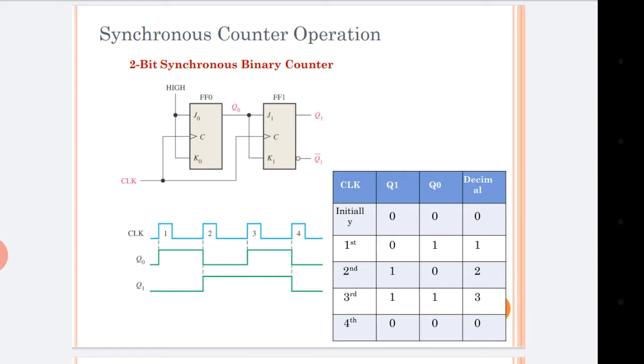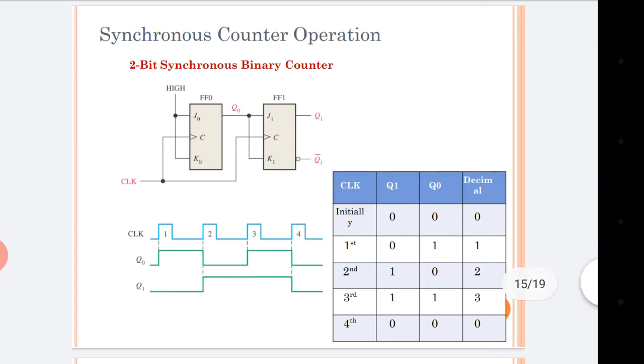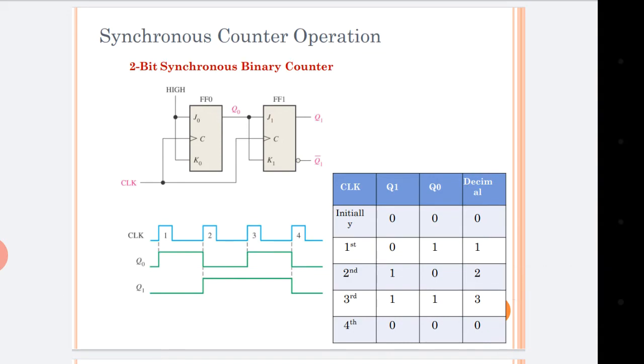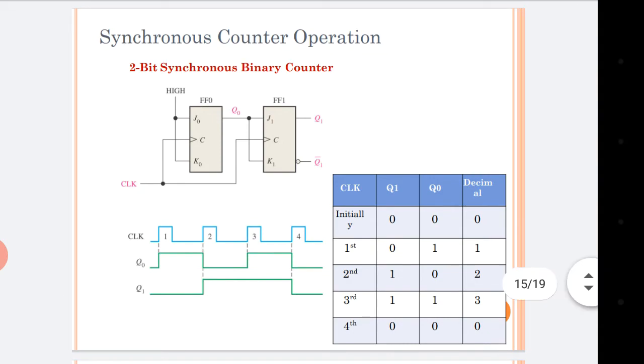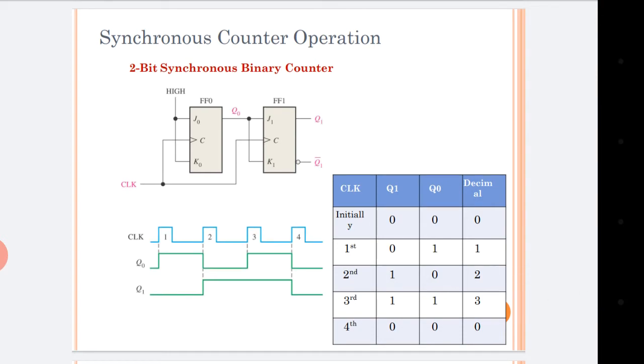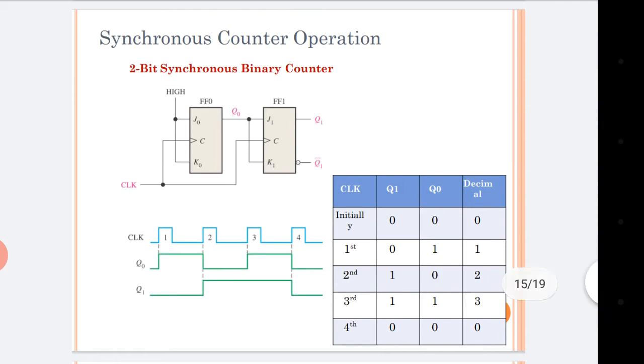The instant when the next clock pulse is applied, the input of the first flip flop is always 1, that we know. The input of the second flip flop, that is J1 and K1, is 1 and it will toggle. So you will observe the output will change to 1 0, that is decimal equivalent 2.